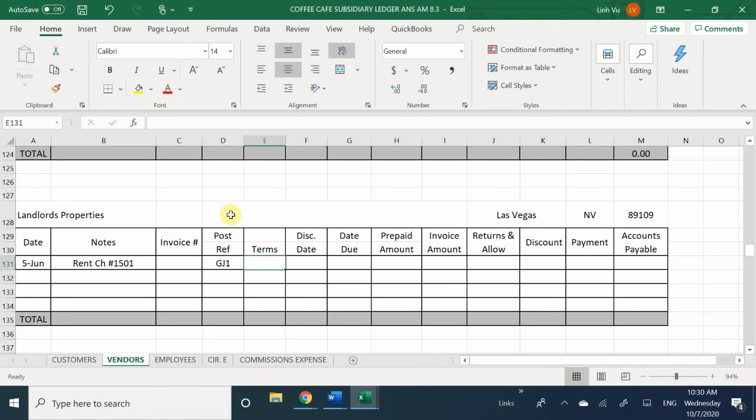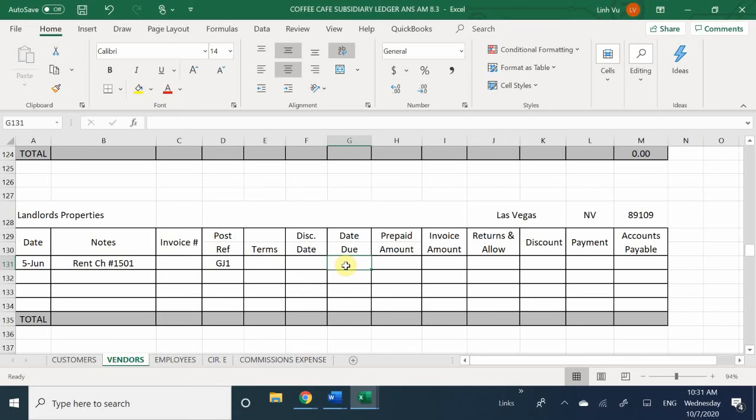Okay. Now, terms, of course, because I'm dealing with this kind of vendor, we don't have terms. Every month you're going to pay. So in this case, you can ignore the terms, you can ignore the discount date, and you can ignore the due date. Okay. Now, oftentimes what you can do is, as a friendly reminder, your contract should tell you how much rent is due every month. Is it on the first of the month?